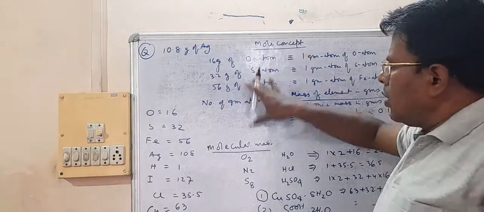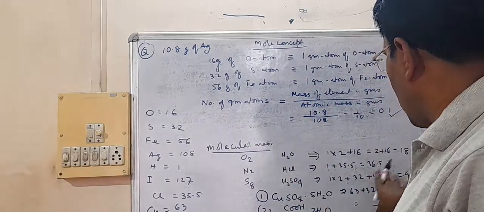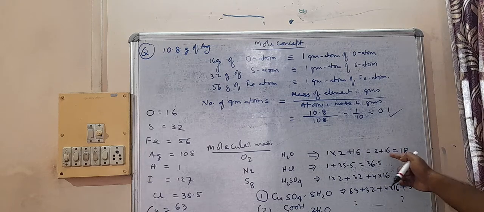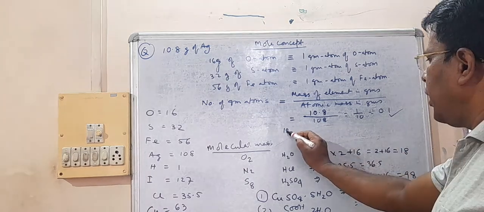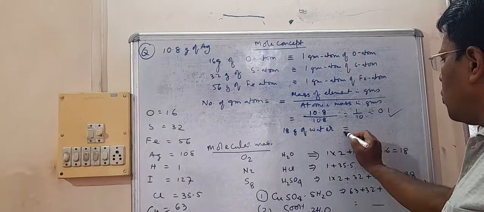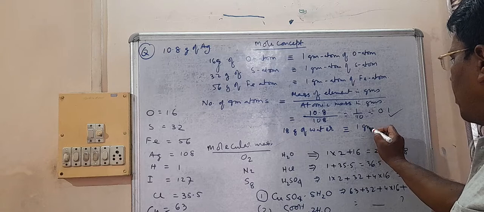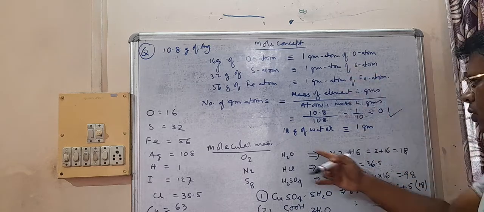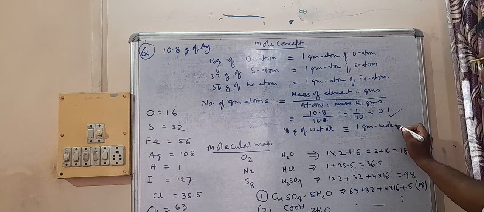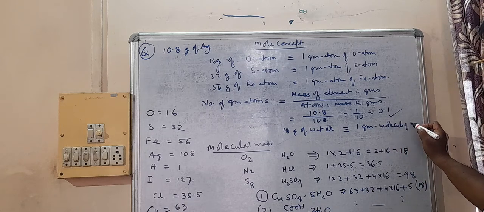Now the same thing we can also use for molecules. Suppose here the molecular mass of water is 18. So we can write 18 gram of water is identical to 1 gram. Now we will not write atom here because it's a molecule. So we will write 1 gram molecule of water.